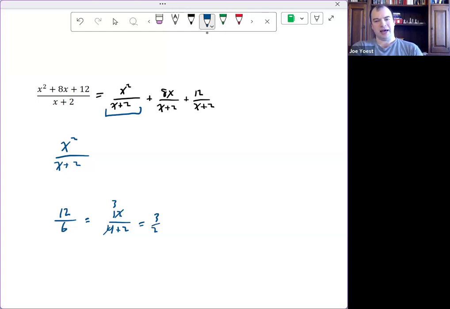Well, no, it's not going to be 3 halves. 12 over 6 should be 2. The first example didn't work because 4 breaks into 2 plus 2, but that's the same as 2 times 2. So I picked the one number that I can't show the counterexample for. But this should be 2. It's not going to be valid to do something like this.